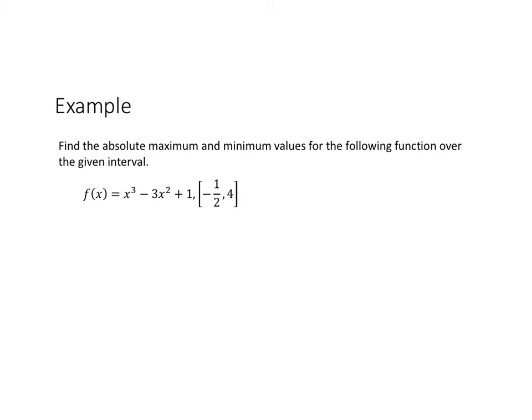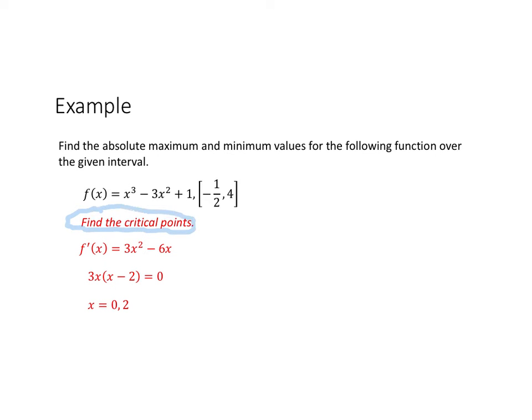So let's take our example a bit further. Let's see if we can find the absolute maximum and minimum values for the following function over the given interval. Our function is x cubed minus 3x squared plus 1, and the interval is from -1/2 to 4. The first thing I'm going to do is find the critical points.